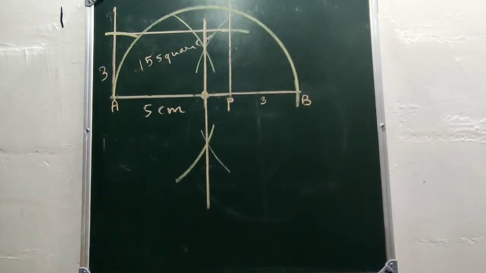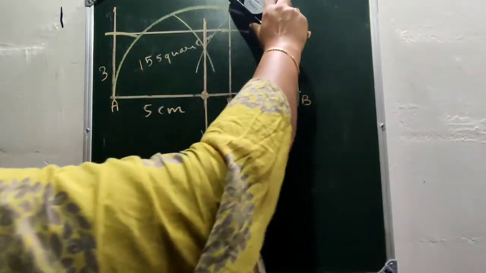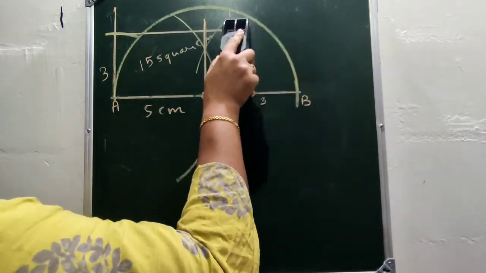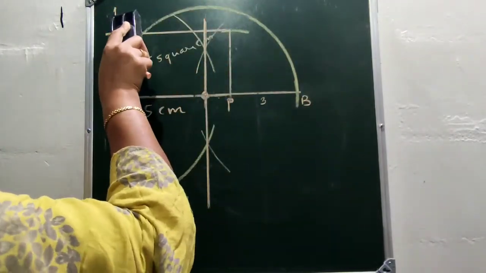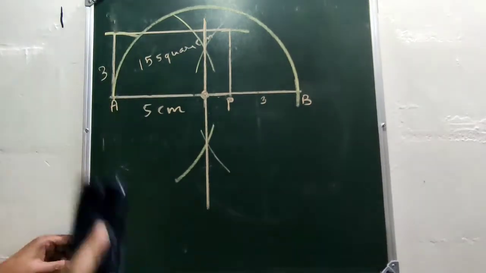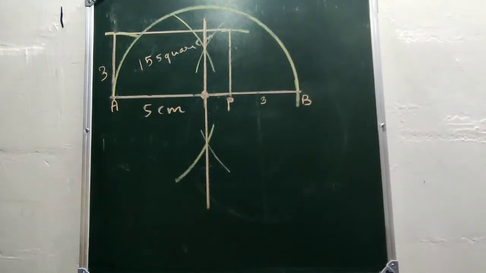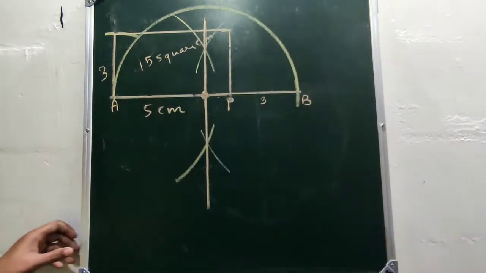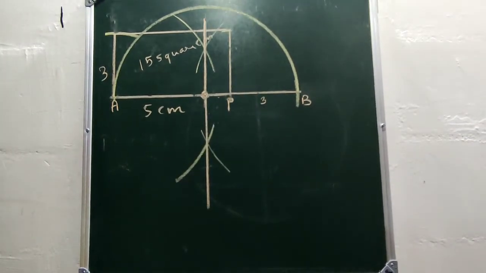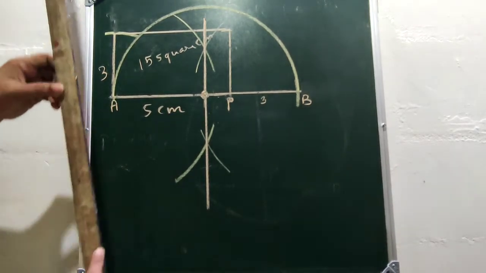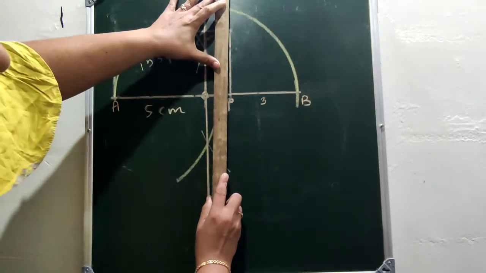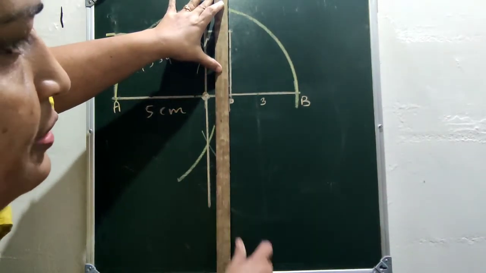Now we are going to draw our square. First we remove the unwanted lines in the picture. Then just extend our P line in order to touch the semicircle. Take your scale and extend it to touch the semicircle.